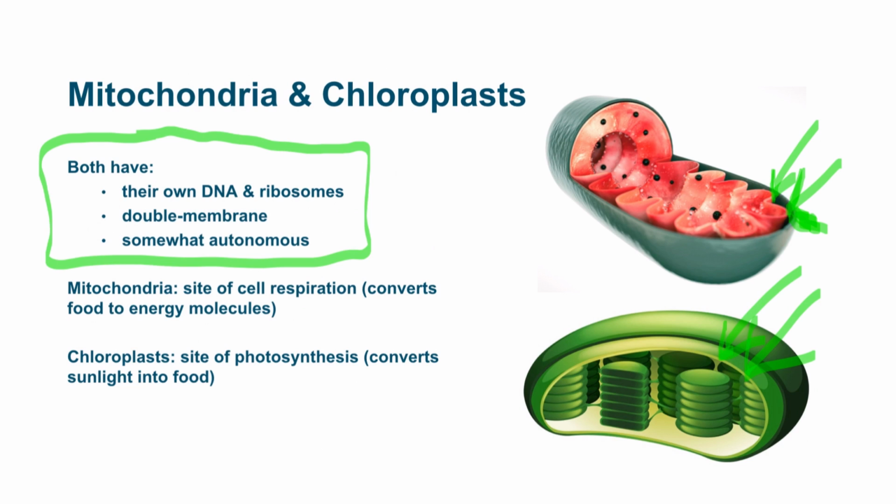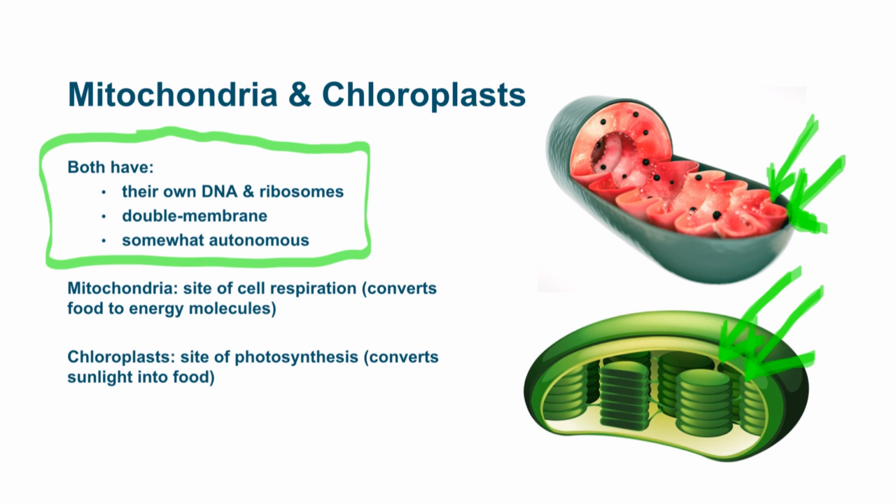And each of them is somewhat autonomous. That means that mitochondria can reproduce themselves and change shape, and chloroplasts can change shape and reproduce themselves. So the nucleus of the cell isn't actually completely in control of the replication of DNA or the replication of the mitochondria or chloroplasts at all. They're sort of like little autonomous units.